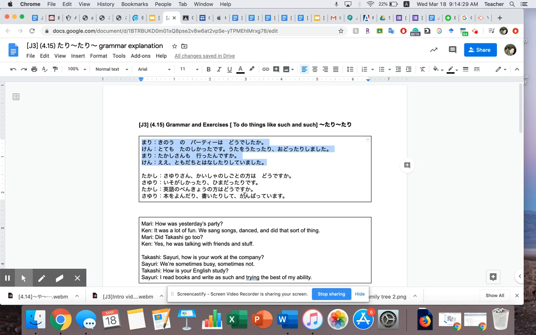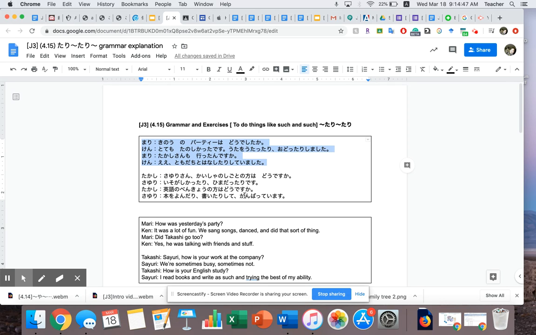It was a lot of fun. We sang songs, danced, and did that sort of thing. And so 歌を歌ったり踊ったりしました means we did such things as sing and dance. So it is the ya and nado of the verb form.